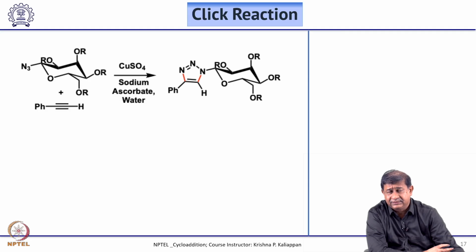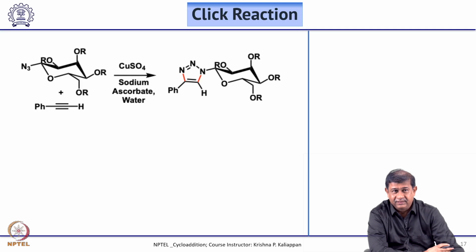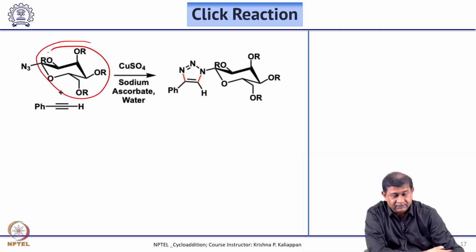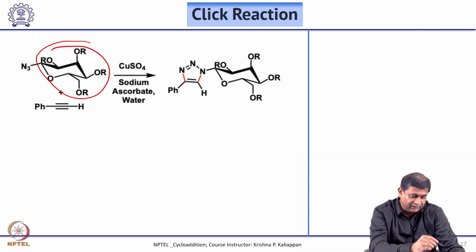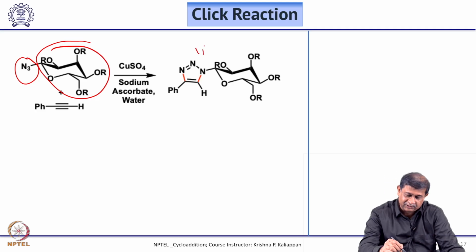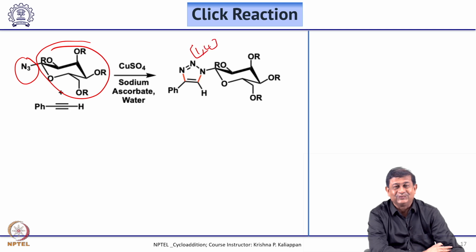This particular reaction is well applied in carbohydrate chemistry. Okay. So, for example, you can have the fully protected sugar with an azide at the anomeric center. So, now if you do the same click chemistry with phenylacetylene, you can see the corresponding 1,4-triazole.